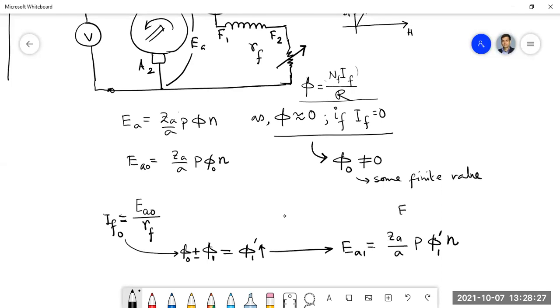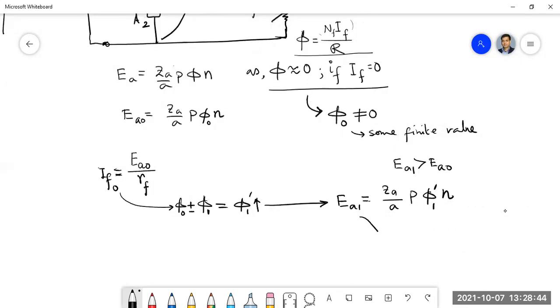So that means if I compare EA1 and EA0, EA1 will be increased compared to the EA0 value. Okay. And this EA1 again will generate another field current which is more than IF0. Isn't it?